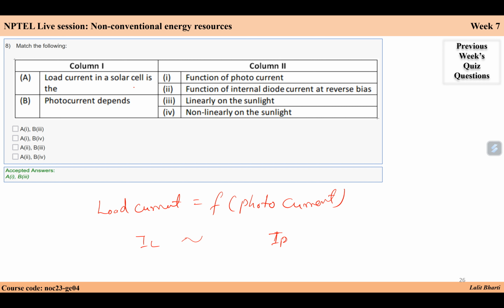So our option B is simply directly a function of photo current. And the load current in a solar cell depends on the sunlight. Sorry, that is not correct. A is directly one, and the photo current depends on the sunlight, and it is linear.